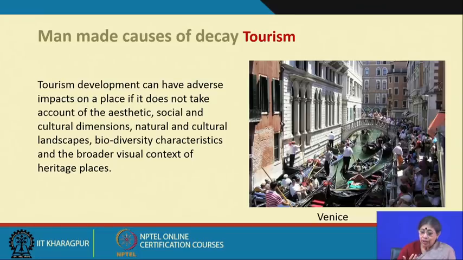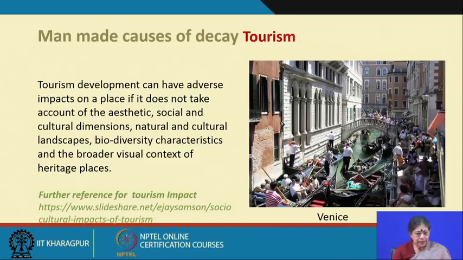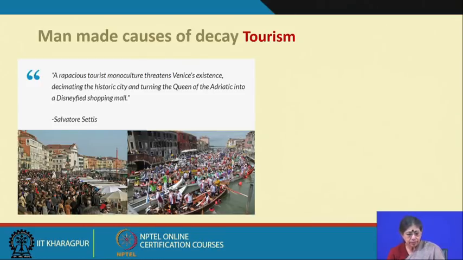Now, let us see, because it suddenly goes out of hand and cannot be controlled. There is a lot of important work being done on the tourism impact. I have given a reference; one can visit and see what policy formulations can be done to mitigate that. Now, let us come back to Venice.